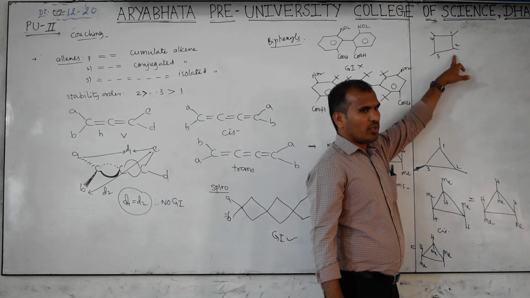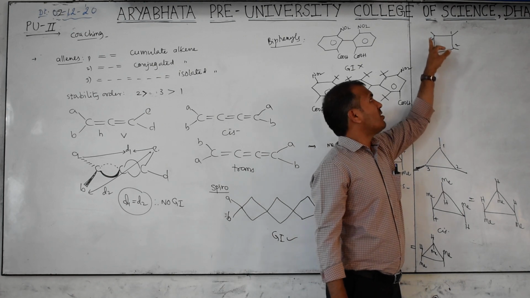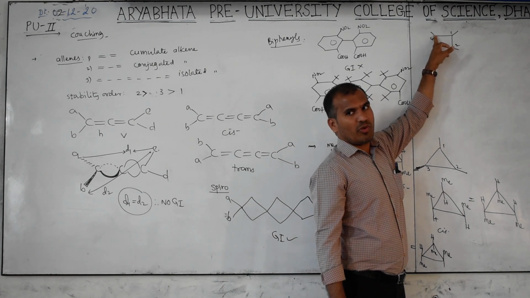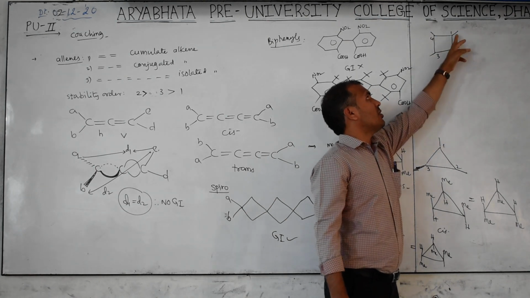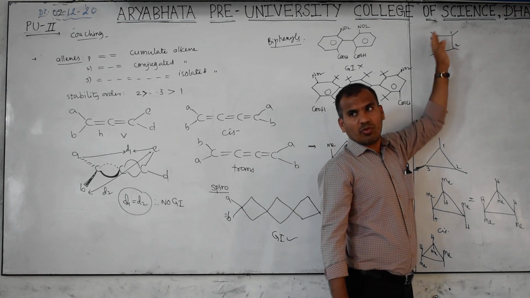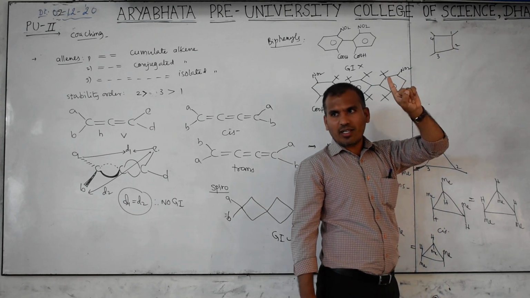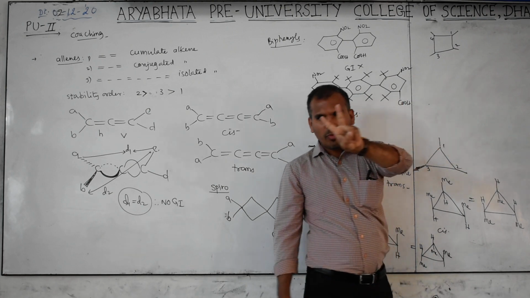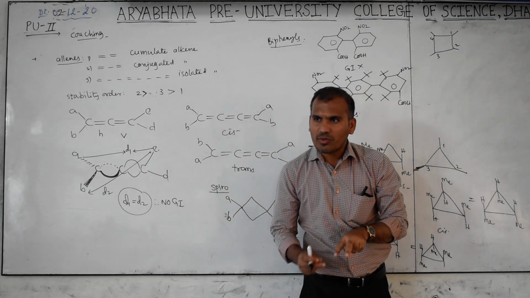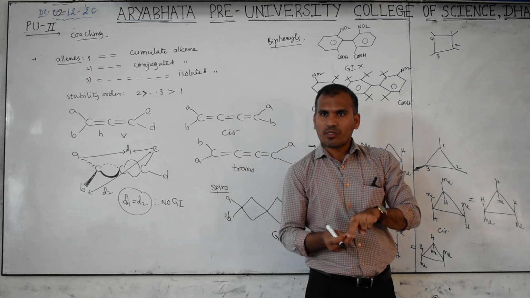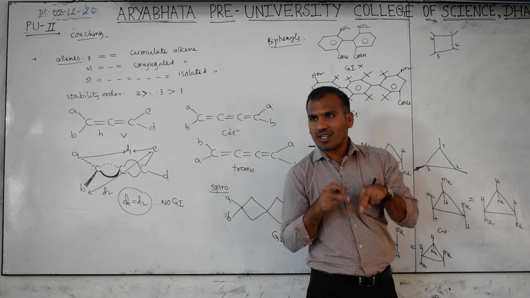This is 1, 2 possibility. 1, 3, because distance is maintained or not. But this is not 1, 2. Sorry, 1, 4. It is 1, 2 only. Again, in this anti-clockwise direction, 1, 3. 1, 3, 1, 3. One time only you have to consider 1, 2. Total how many possibilities are there? 2 possibilities. In 2 possibilities, what are the possible? 1, 2 is cis also possible, trans also possible. 1, 3 cis also possible, 1, 3 trans also possible.